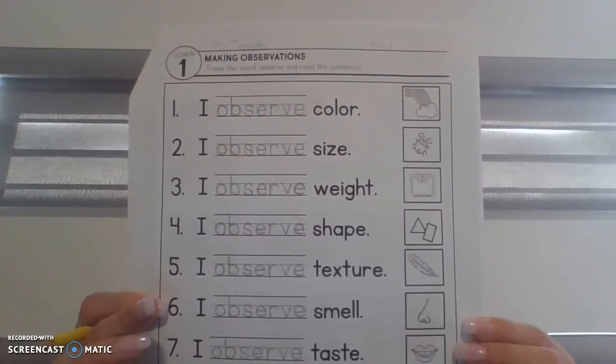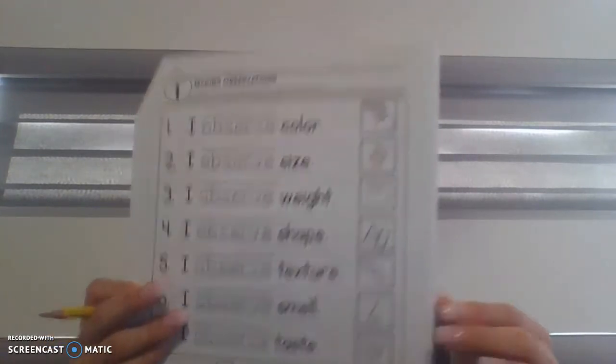Alright, number 6, boys and girls, says, I observe smell. Ooh, this is a big one. This is one of the important ones as well because we use this every day. We use our nose to observe all the different kinds of smell.